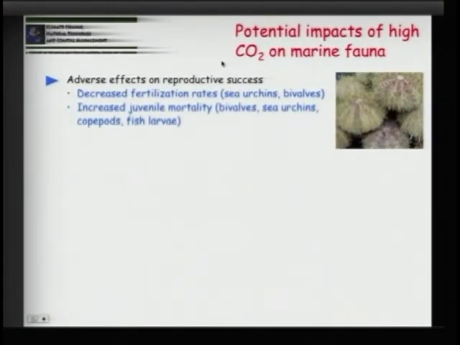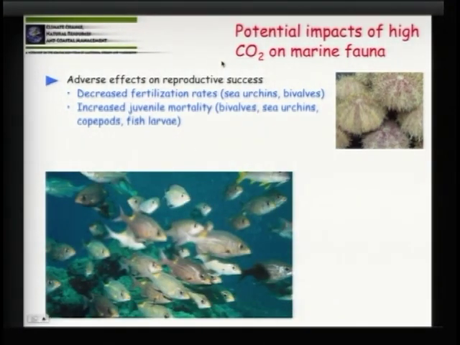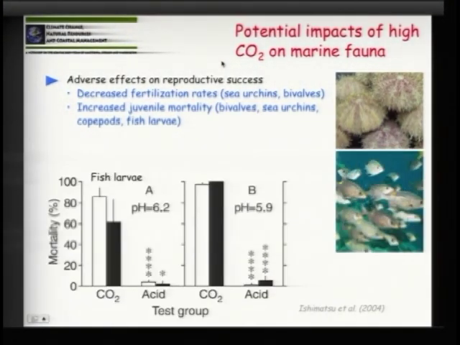Not only does ocean acidification affect calcification, but it also affects things like fertilization rates for organisms, the ability of the egg and sperm to come together, and increased juvenile mortality, particularly in fish and fish larvae. Here's an example where fish larvae were put in high CO2 waters, and there was anywhere from 60 to 100% mortality of fish larvae.